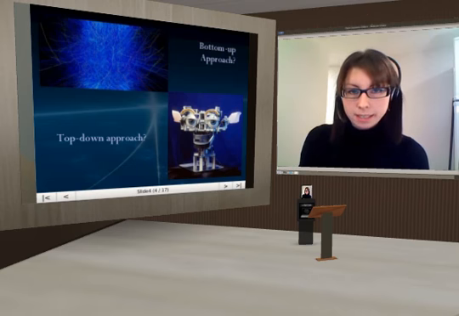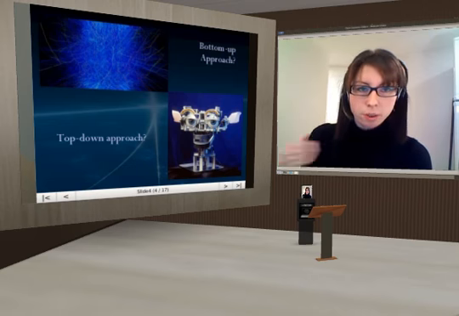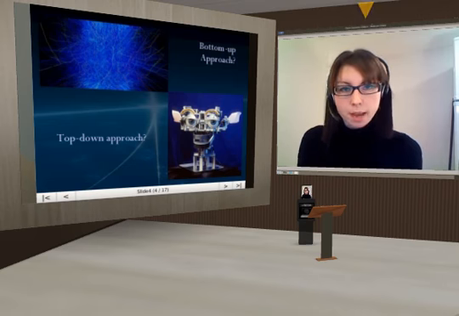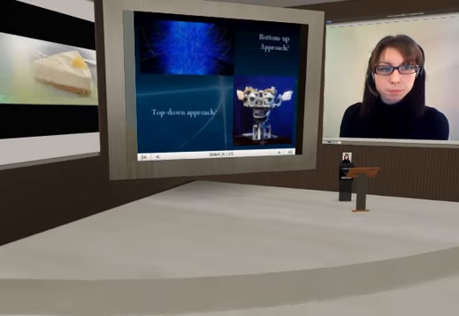And it might be the case that you need to put lots and lots of those building blocks together before you actually get anything that looks like intelligence. It might only be an emergent property of very, very many of these building blocks.